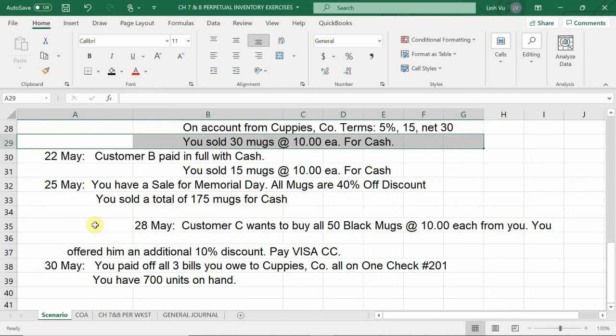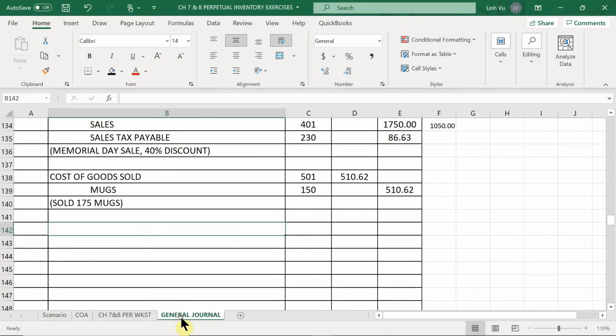So customer C decides to buy all 50 black mugs, and you give them an additional 10% discount. How are you going to record this?